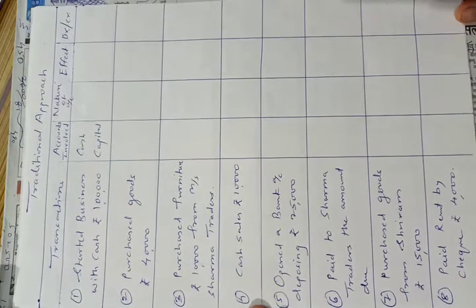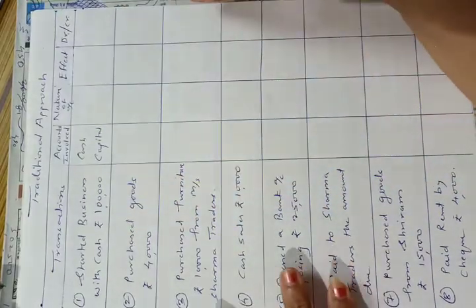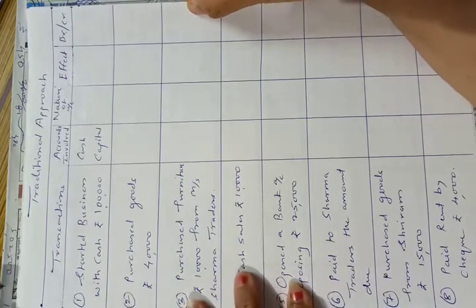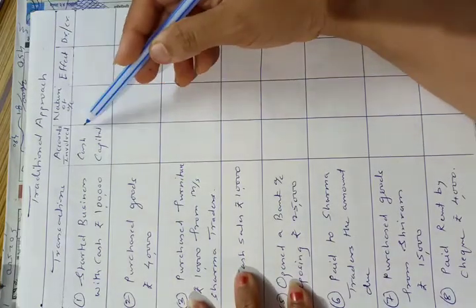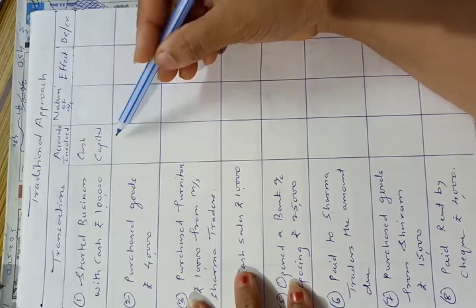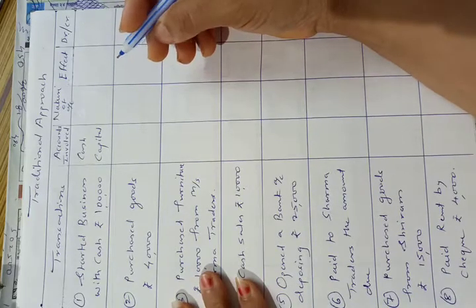So let's start. First transaction is familiar, that is started business with cash rupees 1 lakh. We know that 2 accounts are involved in this transaction, cash account and capital account. Now we will write nature of account.